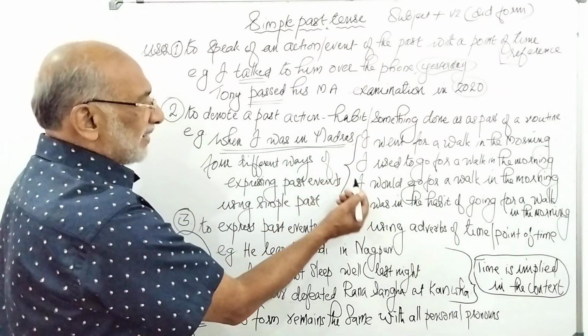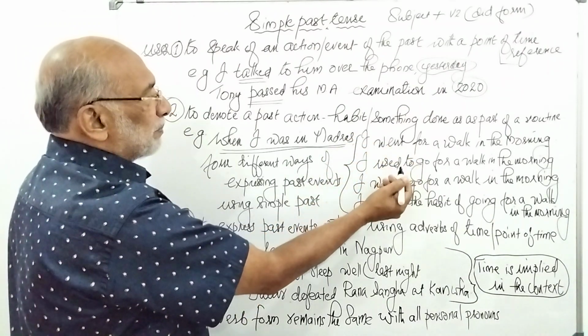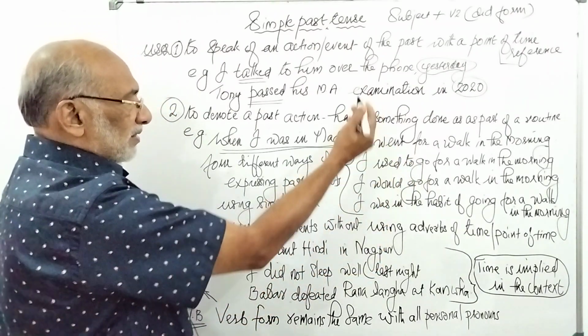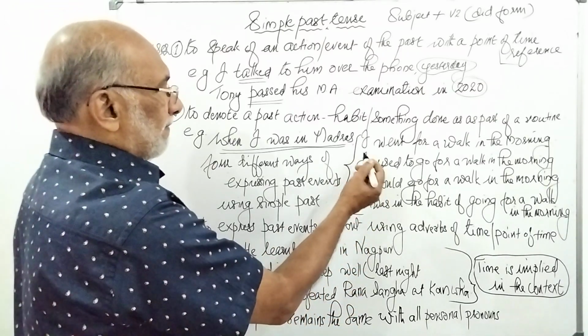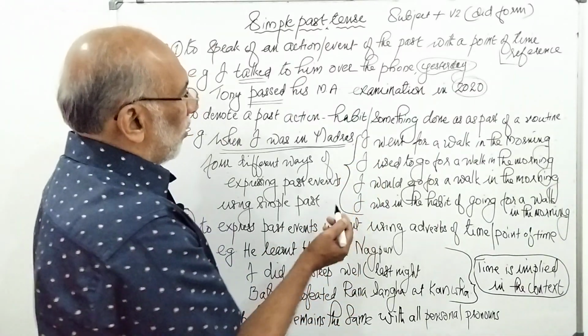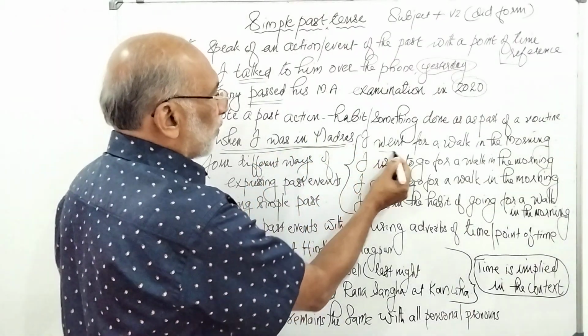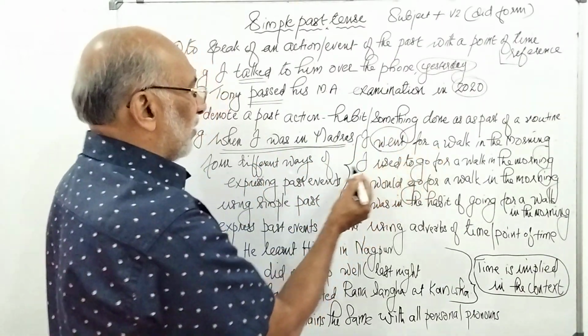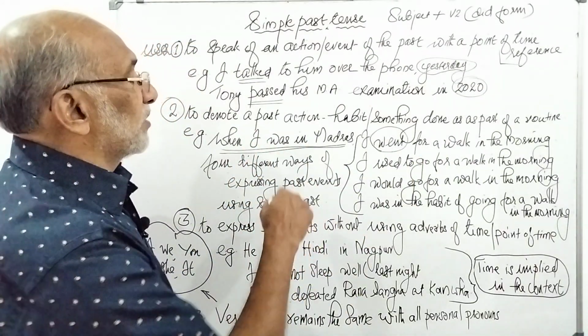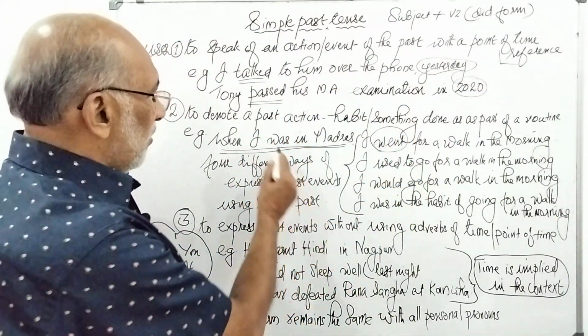Then you add the second part, choosing from the given ones here. There are four options, all are correct. When I was in Madras, I went for a walk in the morning. When I was in Madras, that was my habit. I went for a walk in the morning.